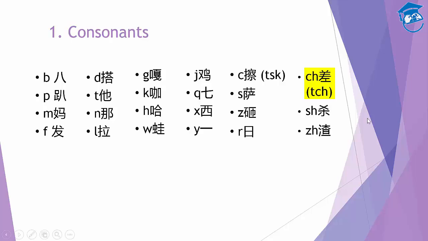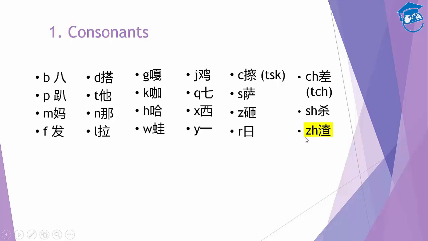In some words we use this one instead. When it's combined with the a sound, it is cha. And this one is the sh sound. When it's combined with a, it is sha.